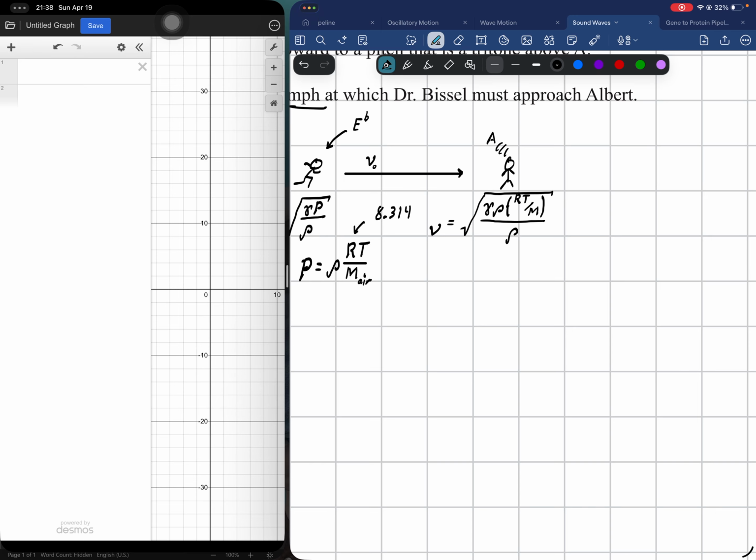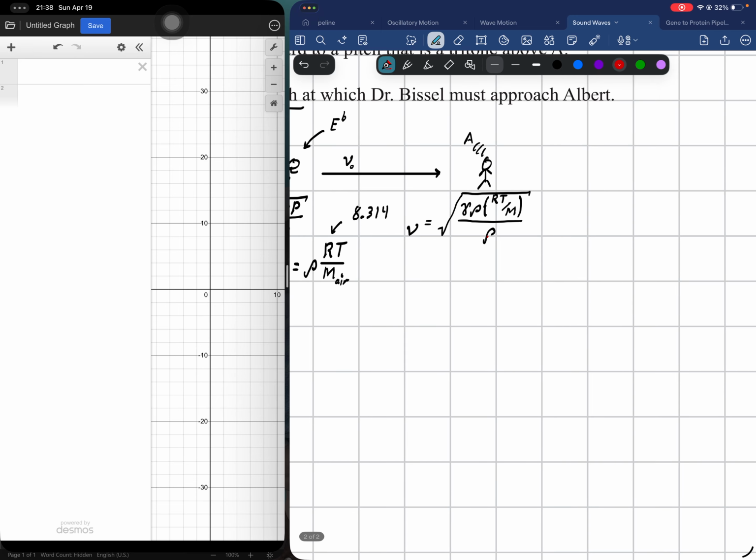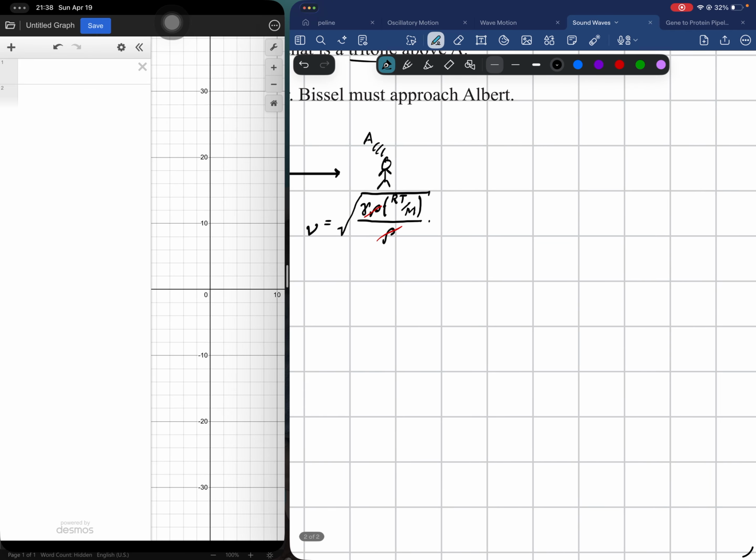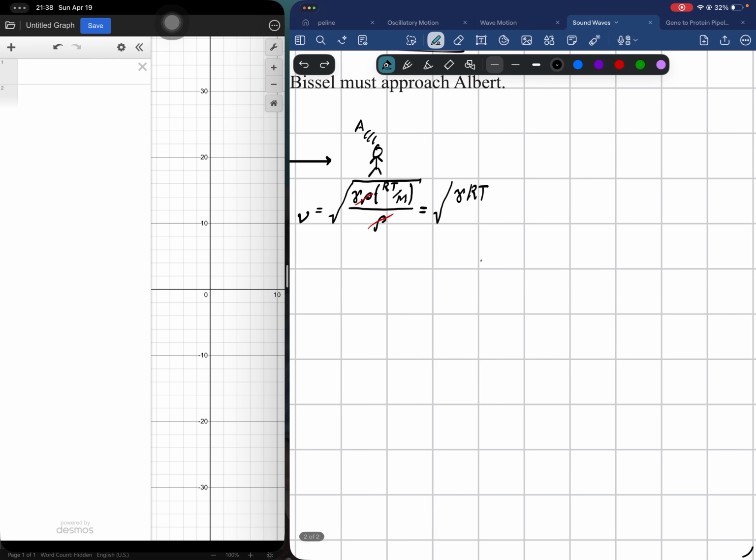Oh, wait a minute. We can cancel out some things. Density appears on both sides of the fraction here, so we can just cancel that out. We can reorganize our equation to look like this: gamma multiplied by RT, and the molar mass at the bottom of the fraction is just going to move down. Density's gone, so this is no longer density dependent. All of that divided by the molar mass.